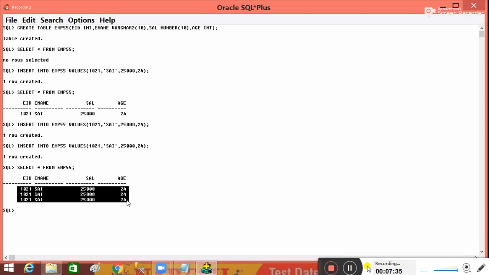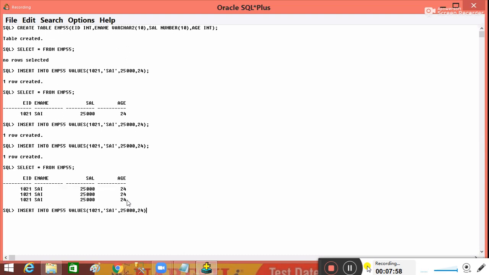When you accept duplicate data into a table, one thing is that there is no use of this data. Second, it is unnecessarily wasting our memory. Do you understand my point now? So these are the problems. Next, suppose you are inserting nulls.